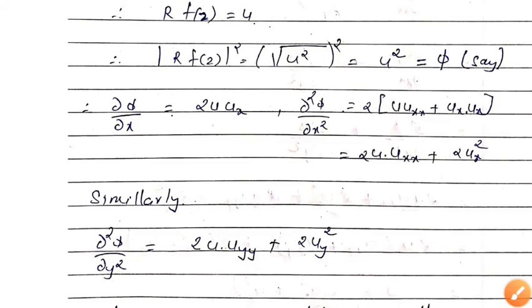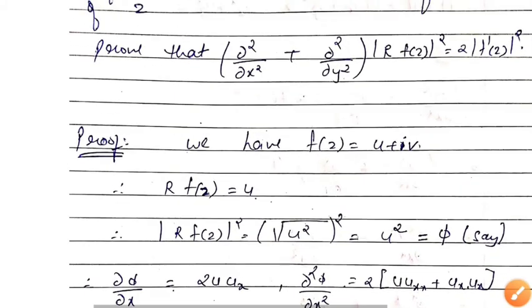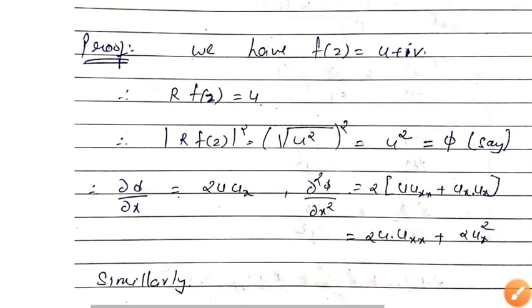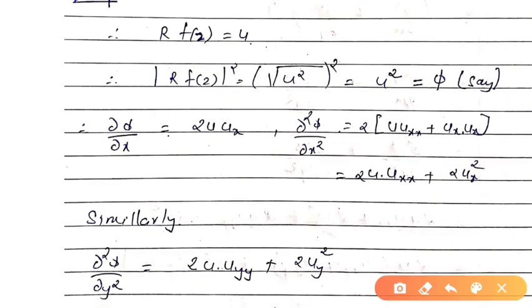Now what you have to do here is find del square upon del x square and del square upon del y square of which function? Of this particular function. Our function is u square, which I am naming as phi. So first I will take del phi by del x. First time I am differentiating.